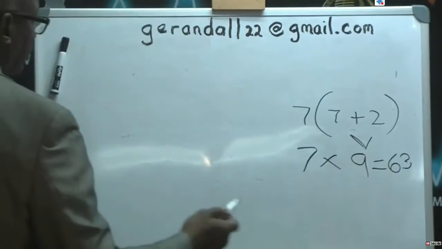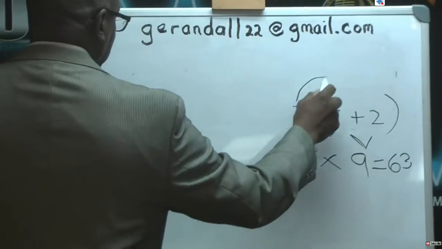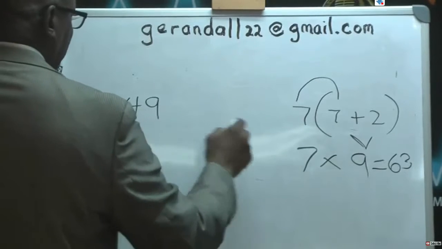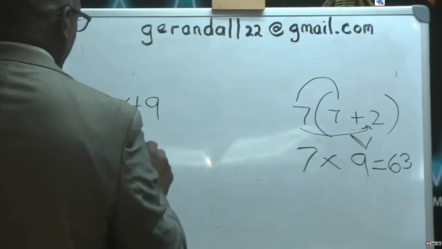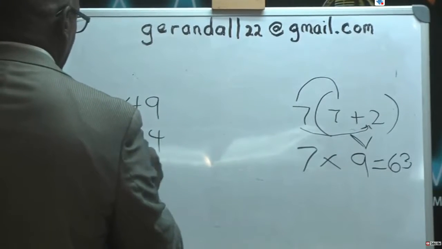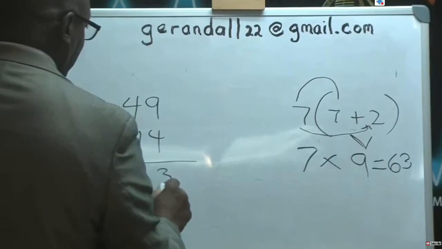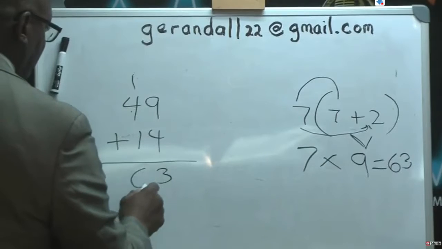Now the distributive property asks us to do this. 7 times 7, 49, and 7 times 2, 14, and add. And we have 13, carry 1, 63.